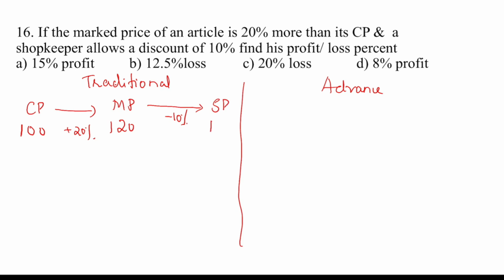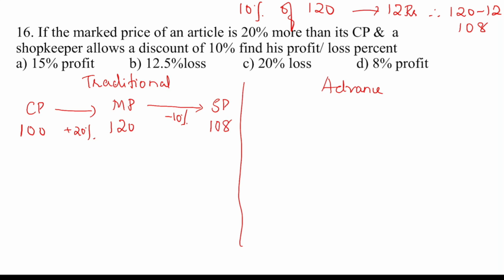See, 10% of 120 is 12. Don't take it as 110. 10% of 120 is 12 rupees. Therefore 120 minus 12 is 108. So the selling price is 108.